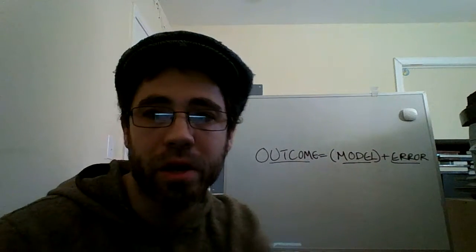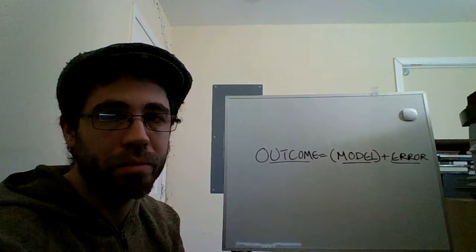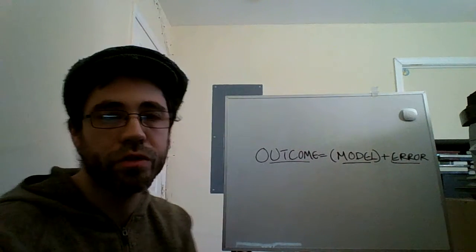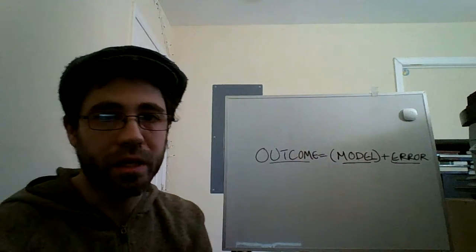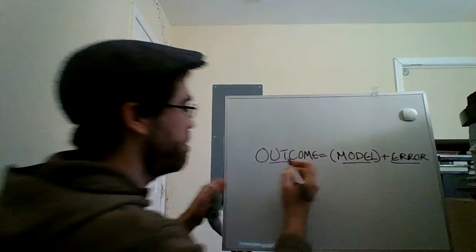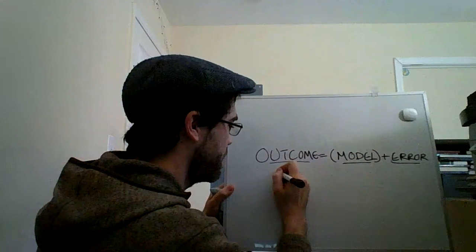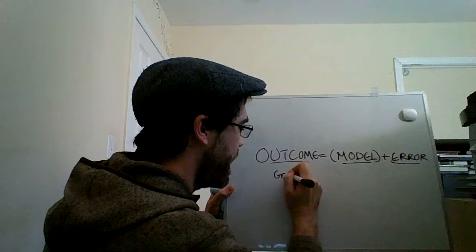Since most people are familiar with the mean or the average of a variable, we'll build an equation for predicting an individual student's grade based on the mean. So the outcome is the student's grade. So we'll write that out.